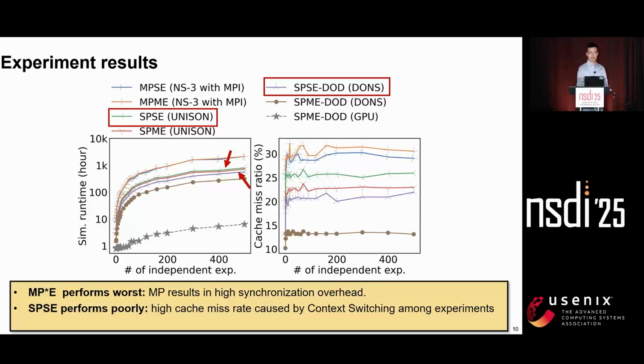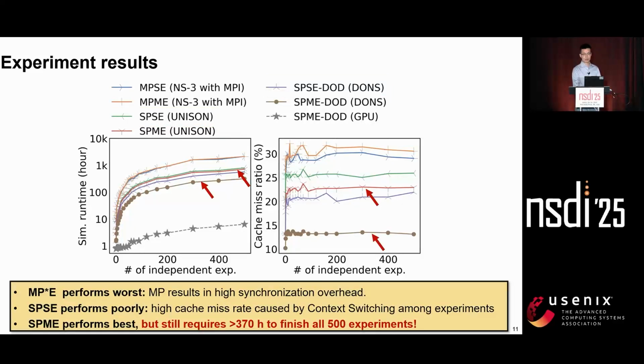Meanwhile, SPME, single process, single experiment, performs poorly because it has high cache miss rates caused by context switching among experiments. Most important, SPME, single process, multi-experiment, performs best because it's more cache-friendly, but it still requires over 370 hours to finish all the experiments.